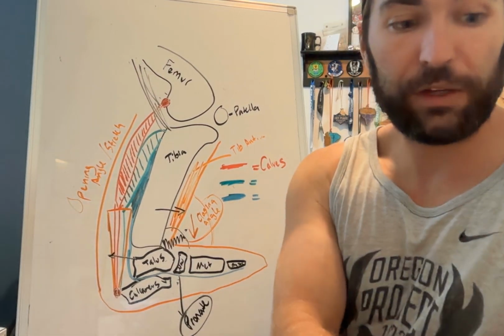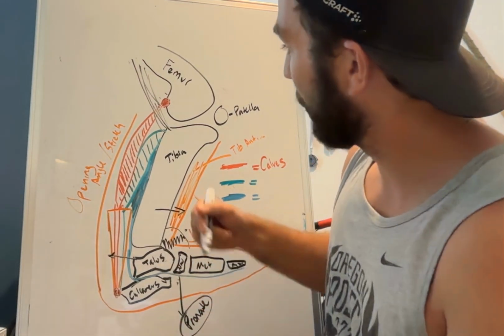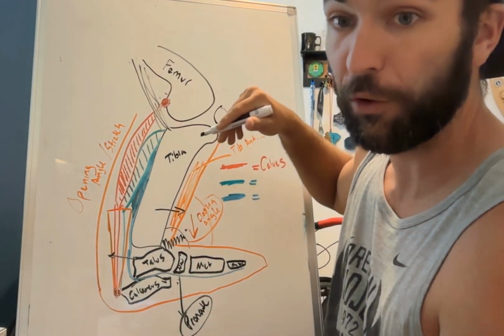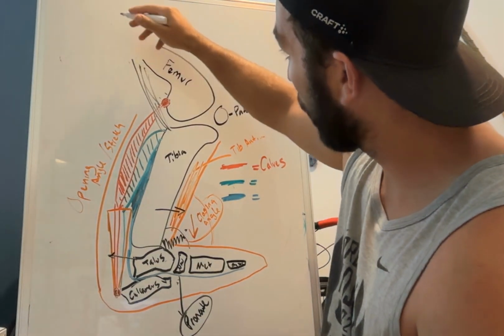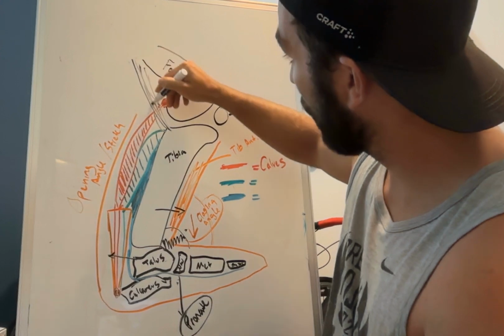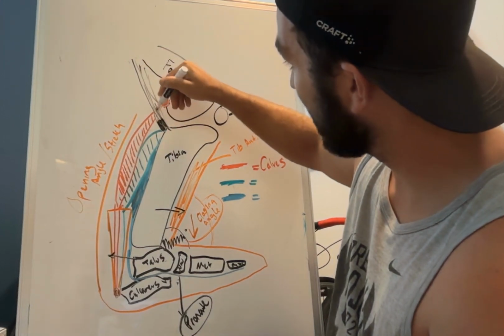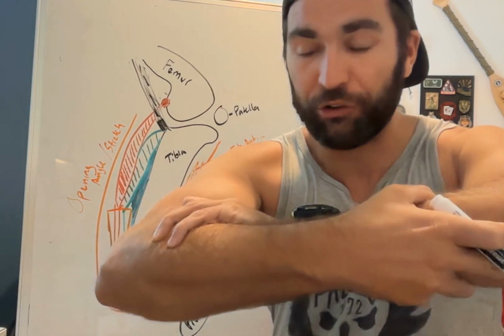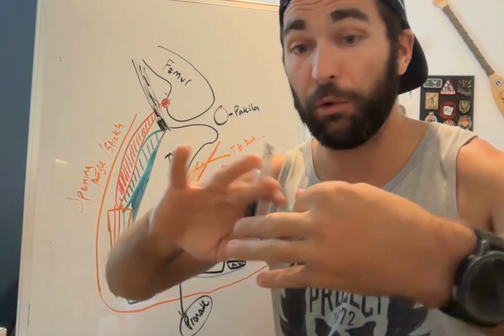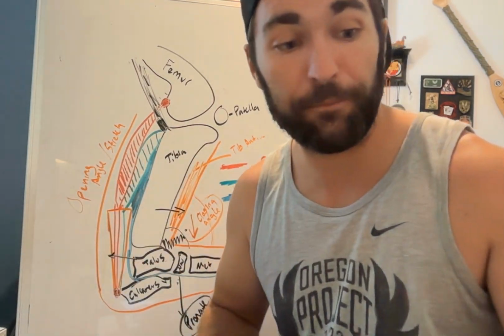Now, I didn't really want to talk about the hamstrings, but it's important to note that the hamstrings are also a biarticulate muscle. They start back here, and they cross the hip, and they also cross the knee joint. So they come down to the tibia, and they almost do the gladiator-like strength and honor, where they almost spiral around the calves.